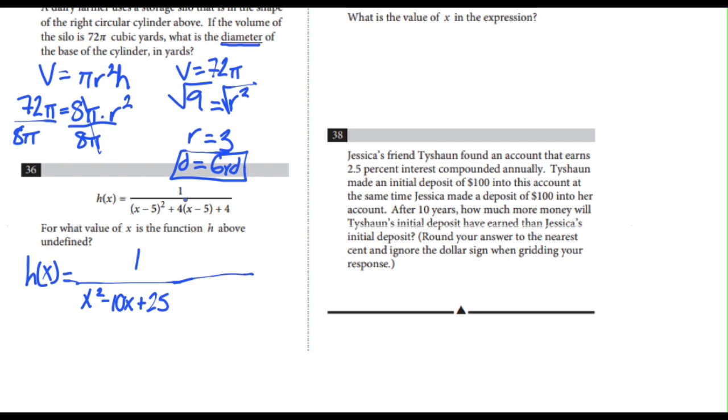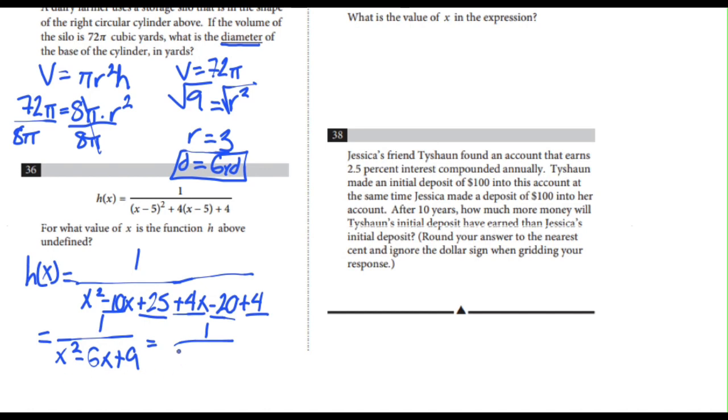Then next we can FOIL or distribute this 4. That's going to be plus 4x minus 20 plus 4. Next we can combine like terms. We'll have x squared, negative 10x and positive 4x come together to make negative 6x. And then positive 25 minus 20 is 5. Plus 4 is going to be plus 9.